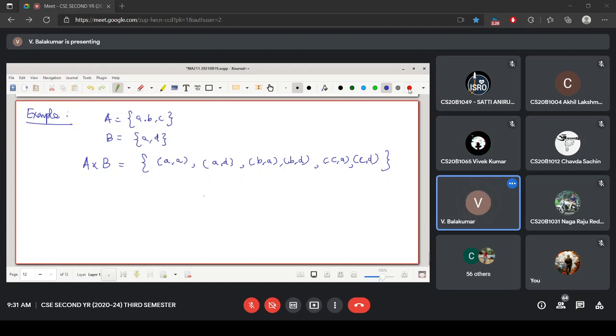Now, I observe that there are 6 elements. Therefore, 2 power 6 subsets are possible. According to us, 2 power 6 relations are possible.